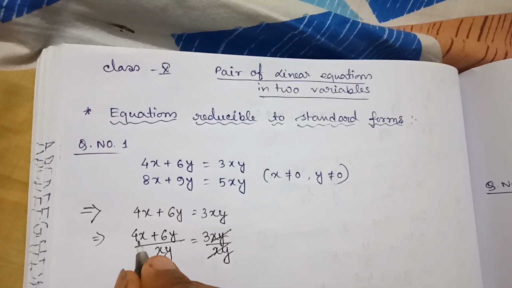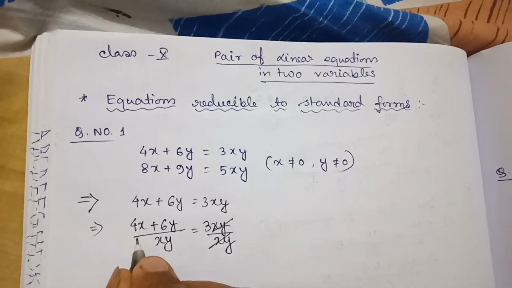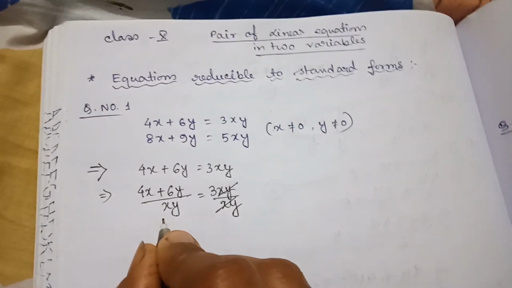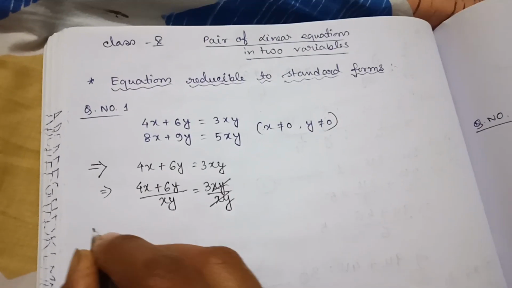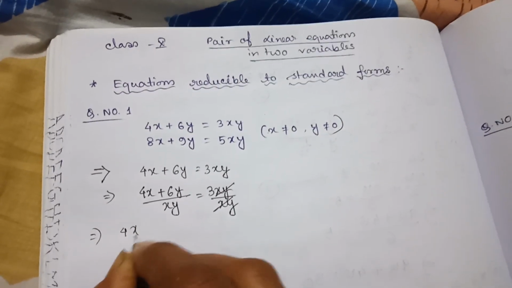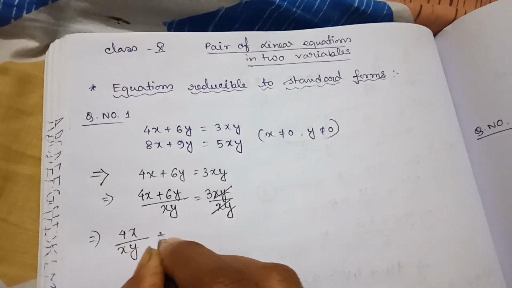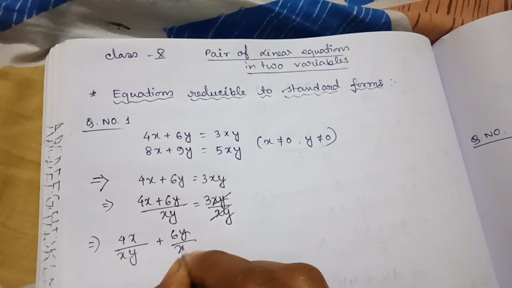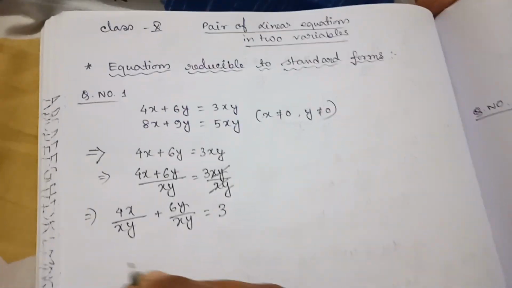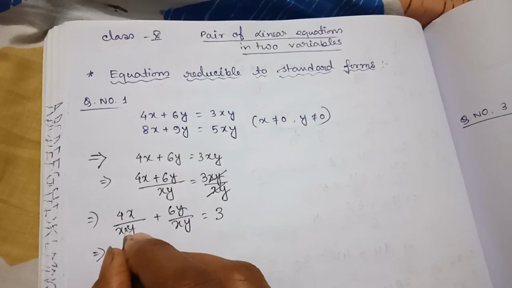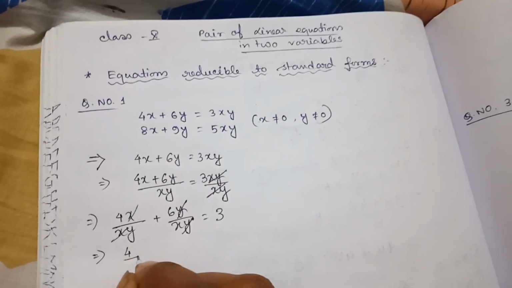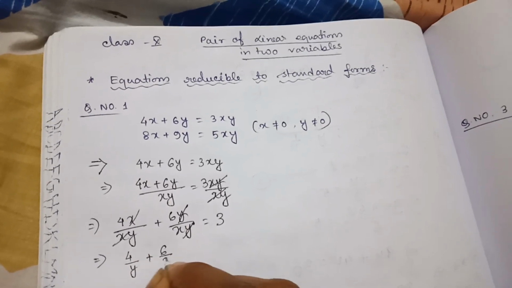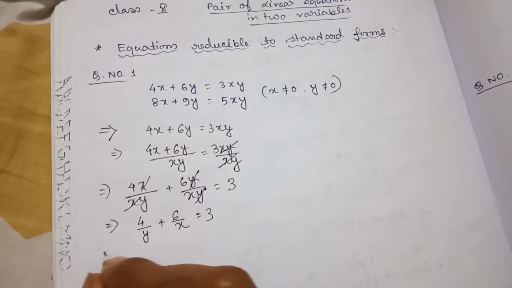Making individual fractions, 4x divided by xy plus 6y divided by xy equals 3. So x cancels, y cancels, and ultimately we get 4 by y plus 6 by x equals 3.